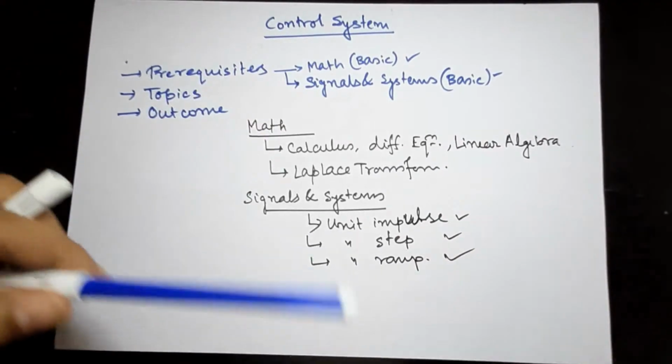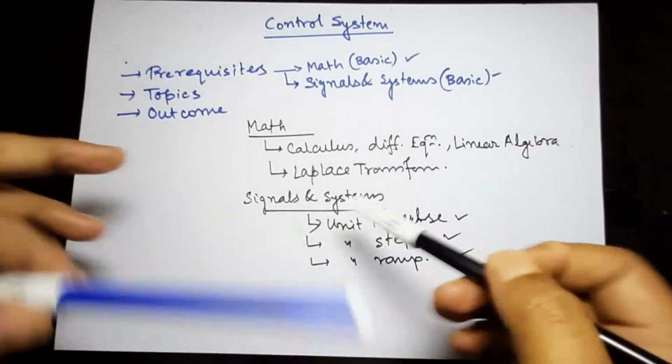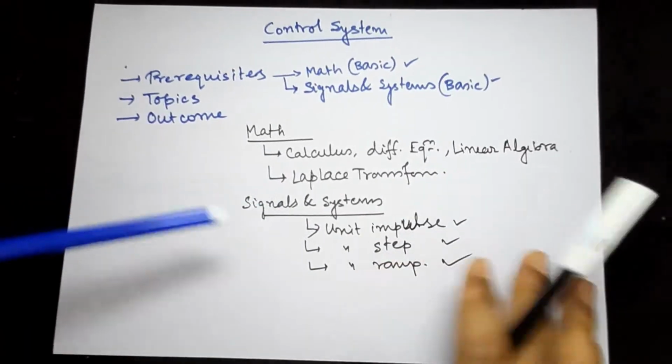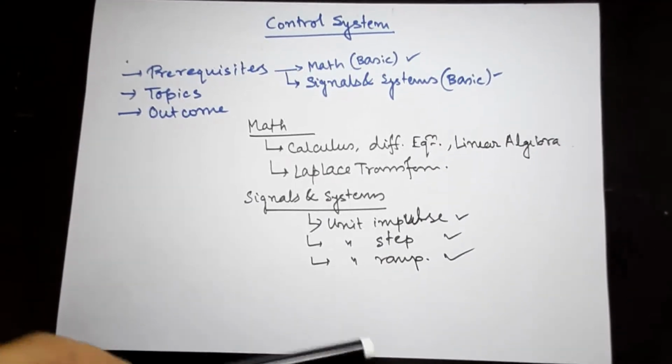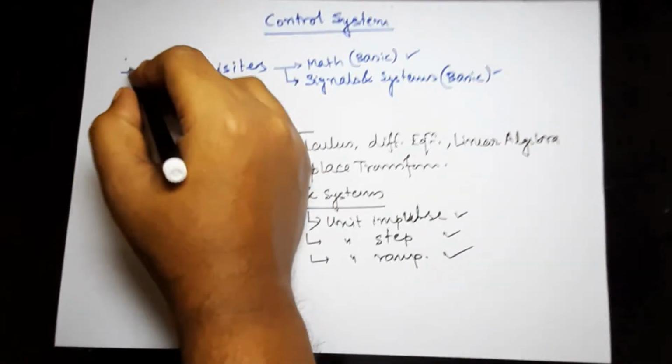I'll talk about these kinds of signals. If you have no idea about signals and systems, then don't worry, I will talk about this whenever needed. Okay, so this is the prerequisite. There is nothing much.